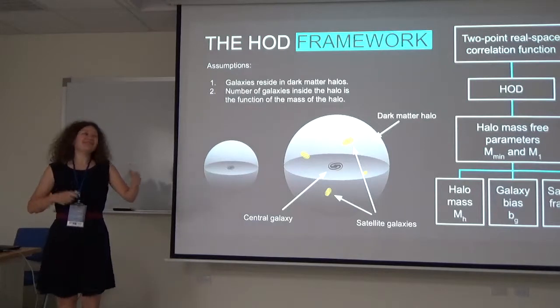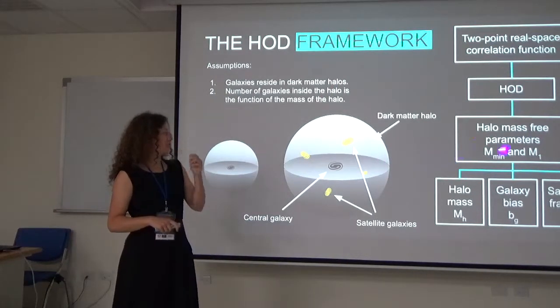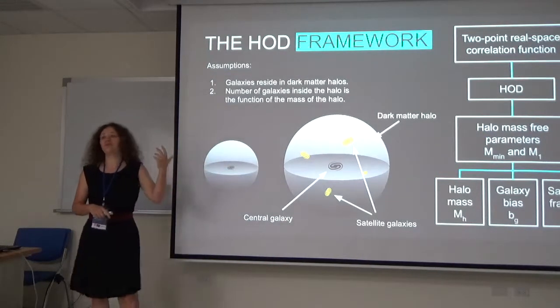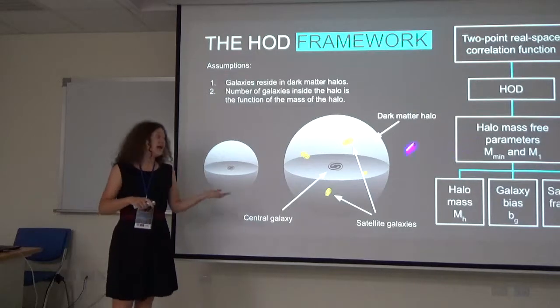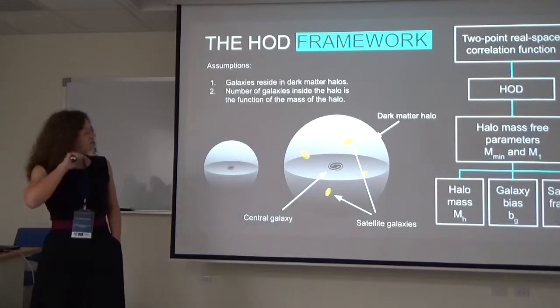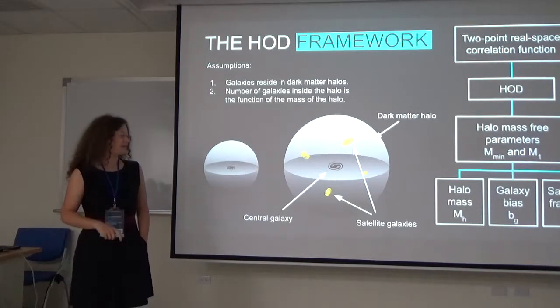If you agree with this, you can create a whole complicated model, from which you can get the halo mass after fitting to the correlation function. You have halo masses of different kinds. The most important for this talk will be the minimum halo mass and the satellite halo mass.